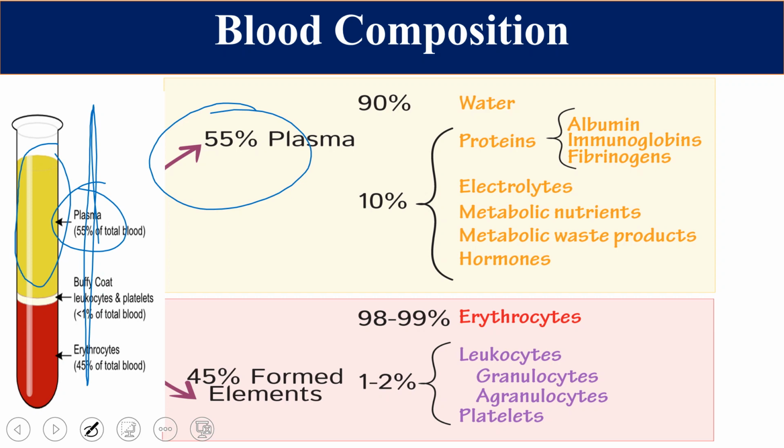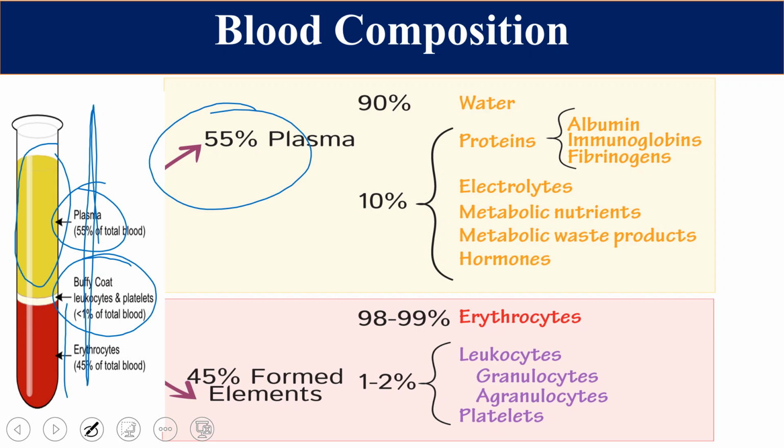Then roughly less than 1% is the buffy coat, roughly white in color, normally composed of leukocytes and platelets. Leukocyte means white blood cells. And the lower portion, roughly 45% of the blood, is composed of RBC.